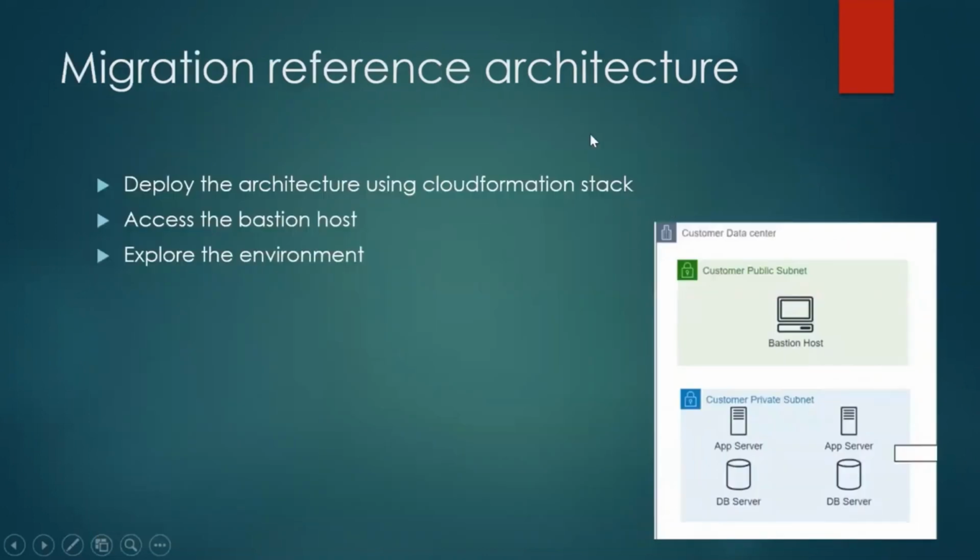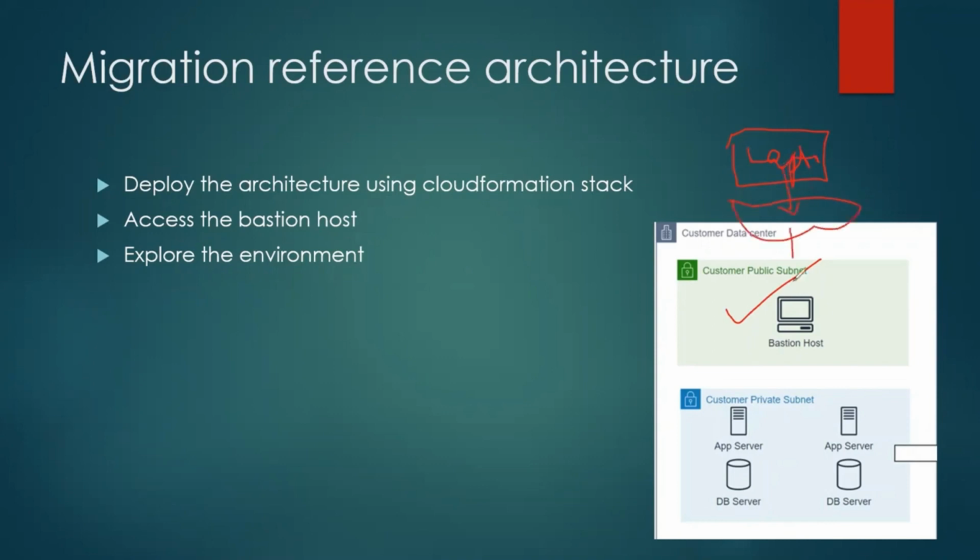We will deploy the architecture that I discussed using the CloudFormation stack, and then we will access the environment from the AWS Cloud. We will access this Bastion host from our laptop, this is our current laptop, over the internet.